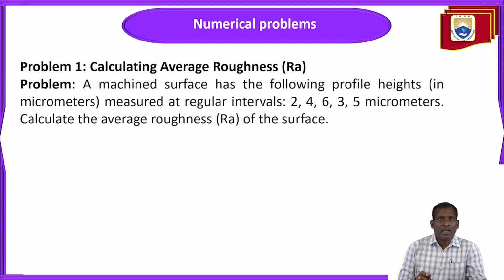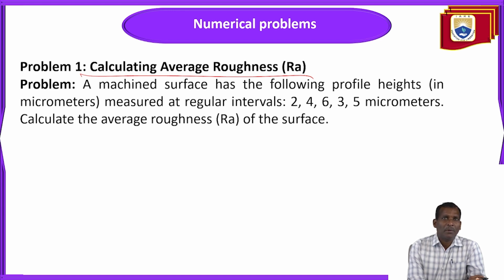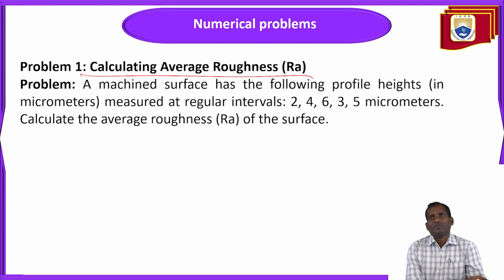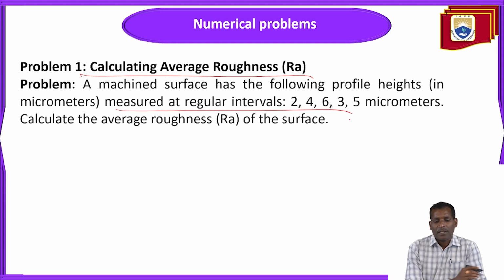So, calculating average roughness values. In the previous topic in problem solving, we have seen average roughness where the formula was directly given, but in this one we need to calculate average roughness. A machined surface has the following profile heights in micrometers, measured at regular intervals.